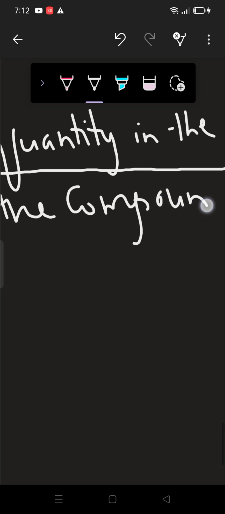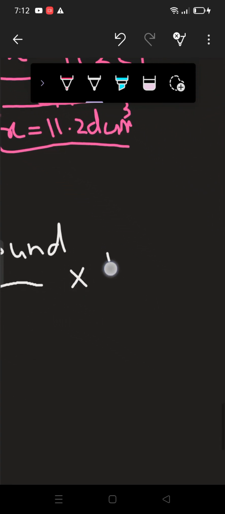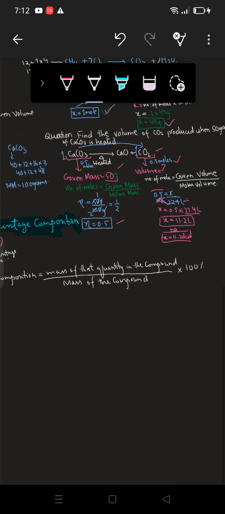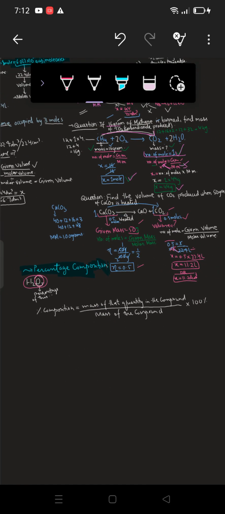And of course, if you are going to find the percentage of it, you need to multiply it by 100, right? Multiply by 100, right? This will give you the percentage composition, meaning how much percent of that particular quantity is present in the compound or in the substance, right?